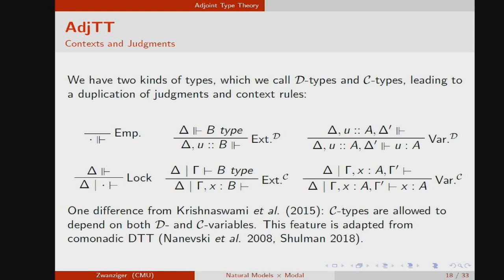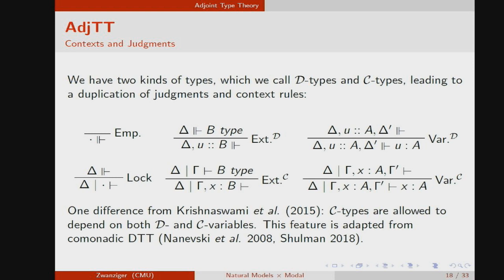But these C contexts are a bit wonky in the sense that they can also integrate D variables. So we actually have two kinds of variable judgments here: one for the D variables and one for the C variables. I was very glad that we had this talk earlier about higher order modal logic, because they talked about rigid and flexible variables. You can think of this as a rigid variable, and this as a flexible variable.